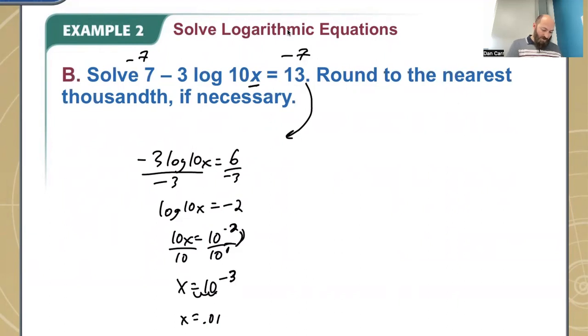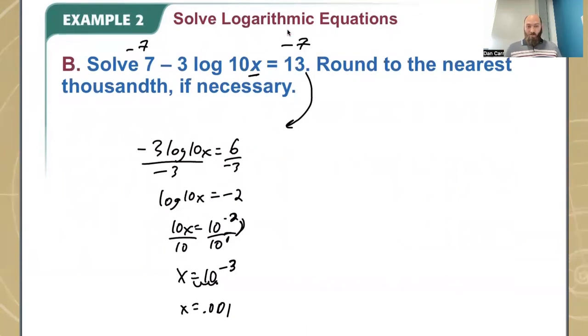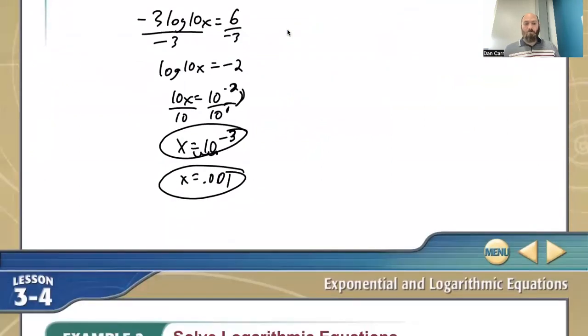Wait, am I missing a 0 here? Yeah, no, 10 to the -3rd is 0.001 if I plug that in. My bad. All right. And that's just my regular solving process to get through that one. So you can do either this one or this one in this case.